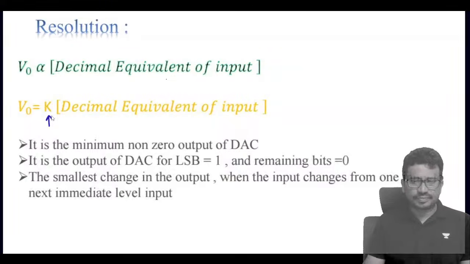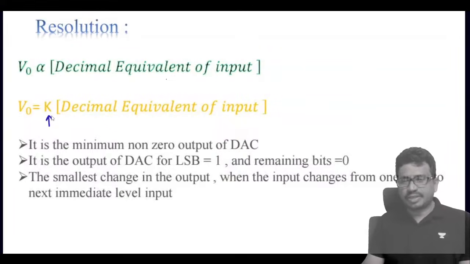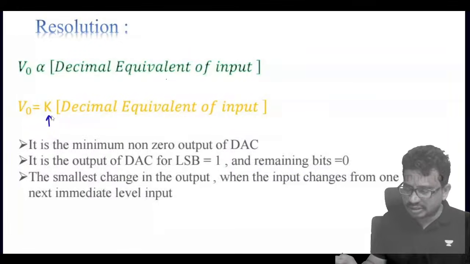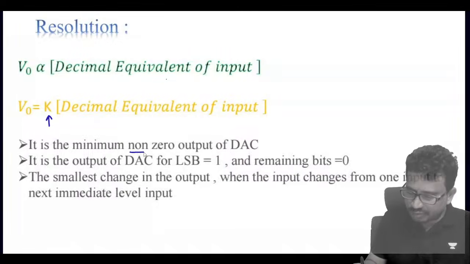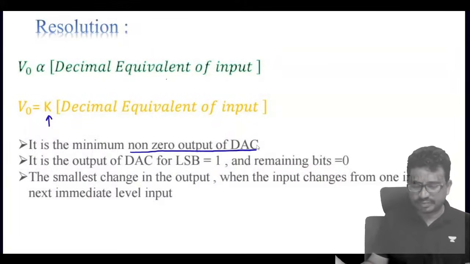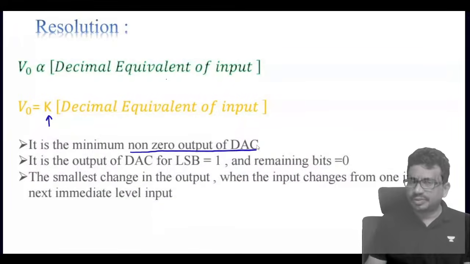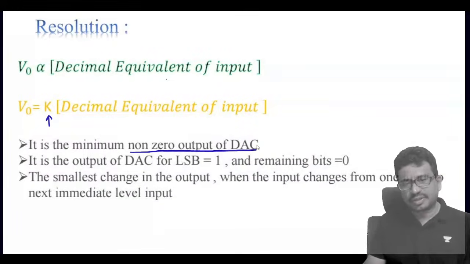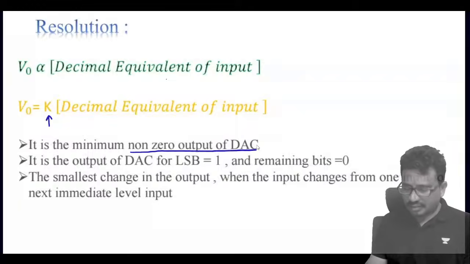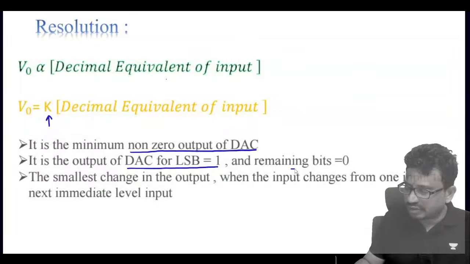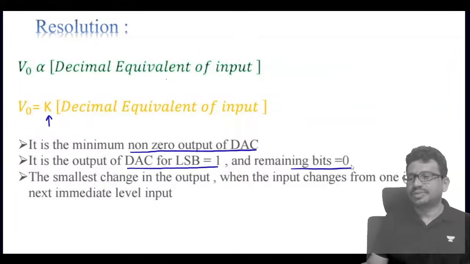resolution. We can also define it another way: the minimum non-zero output of a DAC is called the resolution. It is the output of the DAC for LSB equal to 1 when all remaining bits are zeros.